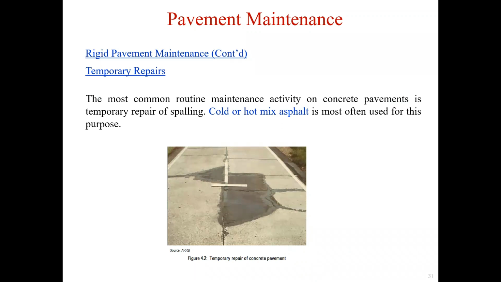Cold or hot mix asphalt is often used for this purpose. It is important to clean out the spalled area, apply a tack coat to all surfaces, and adequately compact the asphalt to prevent loss of the temporary repair under traffic.